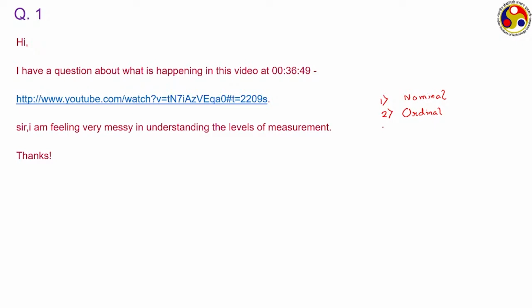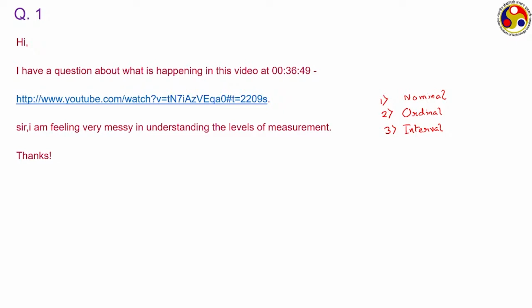Then we have number 3, which is the interval scale. In the interval scale, we decide upon 2 limits, and based upon the distance between these two limits or standard values, we give some value to everyone.